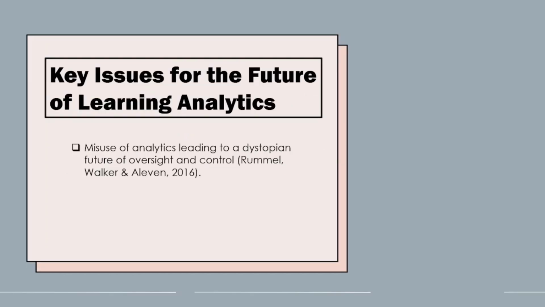Key issues for the future of learning analytics. The optimistic vision of learning analytics in higher education described above is far from inevitable. Others have countered such images of a rosy future with the potential for intentional or unintentional misuse of analytics, leading to a dystopian future of oversight and control.